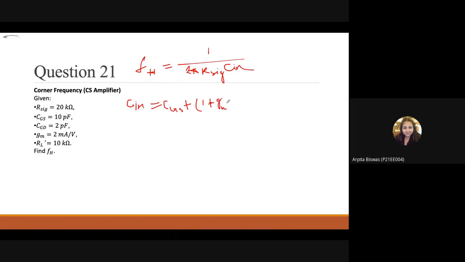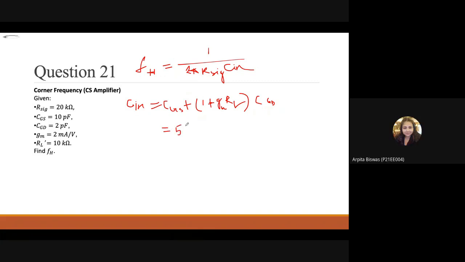Now tell me what is the value of C in equal to CGS plus 1 plus GMRL into CGD. CGS value is given, CGD value is given, GM value is given, RL is also given. 52 picofarad.